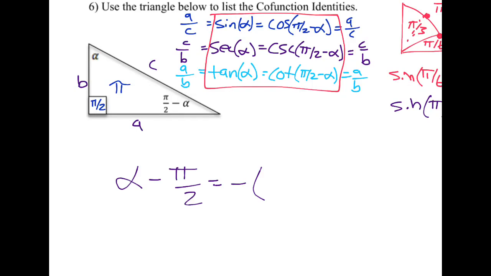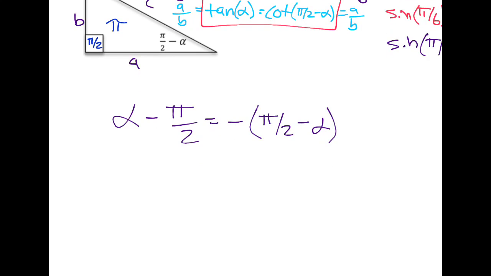Pull that negative out front, and we're left with a positive pi over 2, and then the alpha becomes negative. So, pi over 2 minus alpha and alpha minus pi over 2 are opposites. And if you wanted to, you could then think about even and odd functions, and you could come up with some new relationships there using pi over 2 minus alpha instead of alpha minus pi over 2. But I'm not going to do that now.